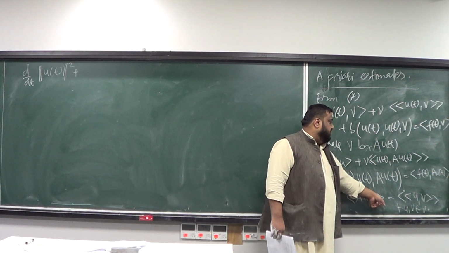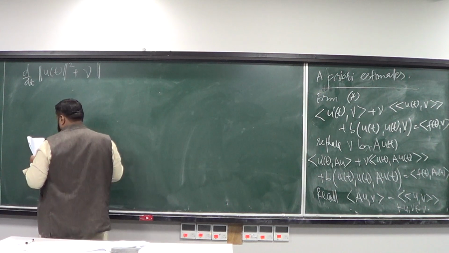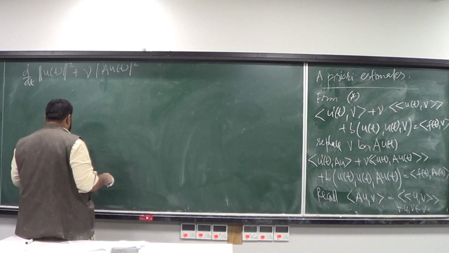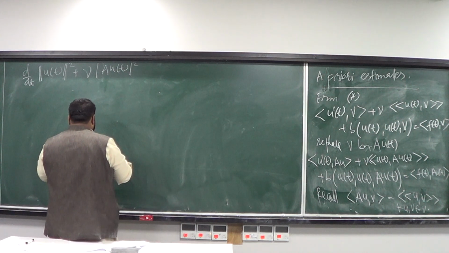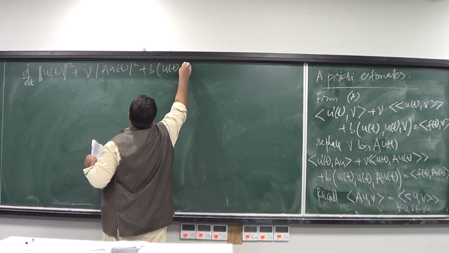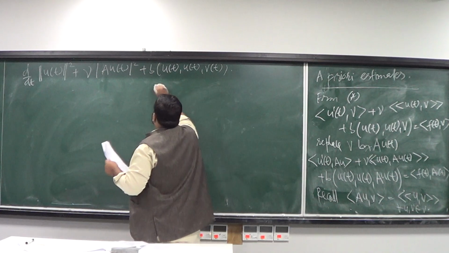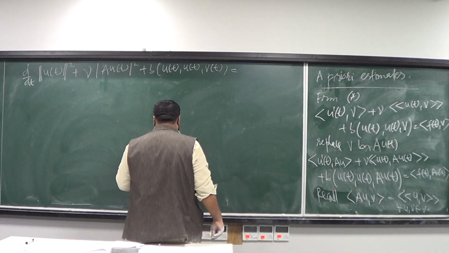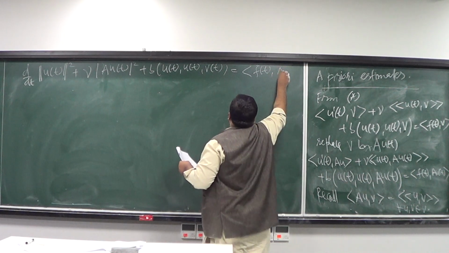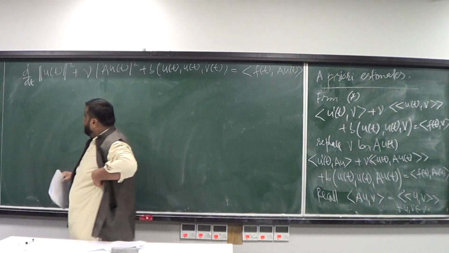So this is going to be mu times the H norm of Au(t) squared. And I need to keep this b(u(t), u(t), v(t)) as it is, and all this is equal to f(t) times Au(t). So this is what you're going to get as an outcome.